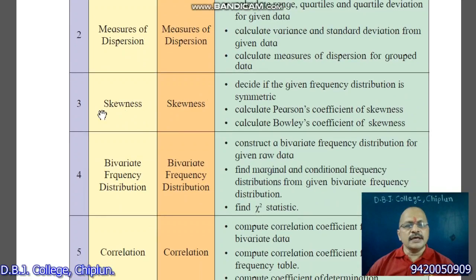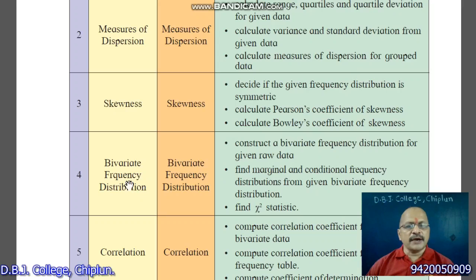The third one is skewness. In this lesson, we will study how to find out if a frequency distribution is symmetric or not. Then we will study the Pearson's coefficient of skewness and Bowley's coefficient of skewness.